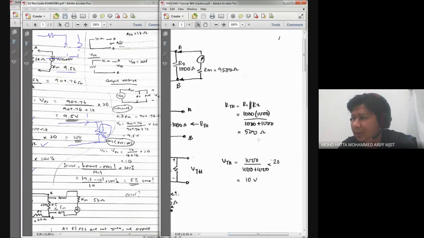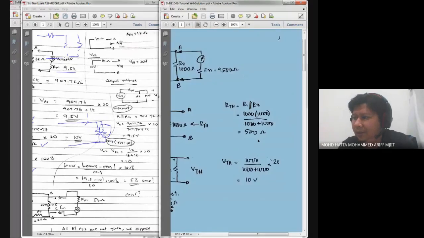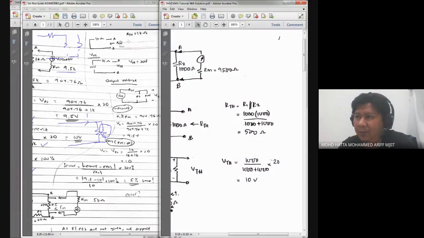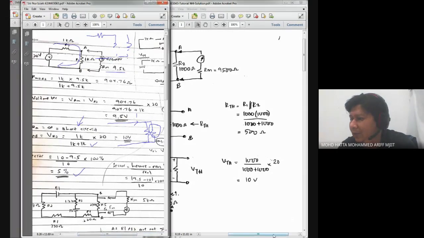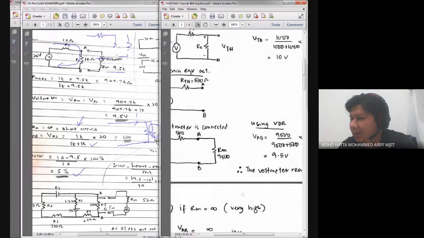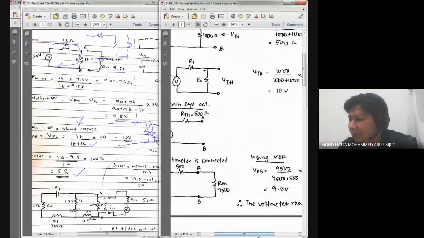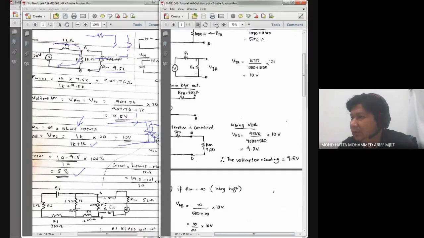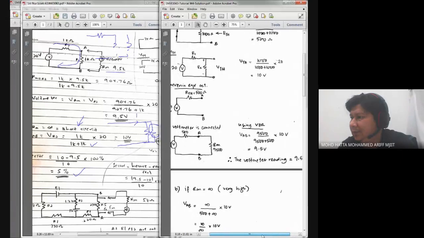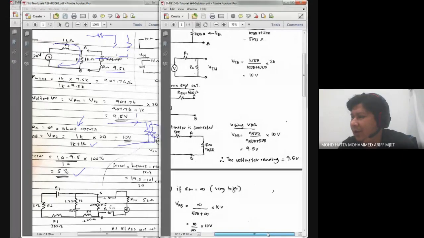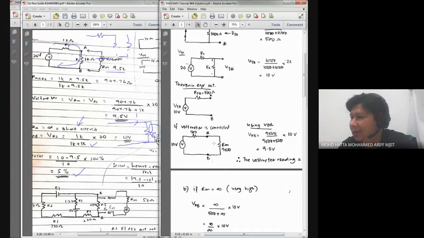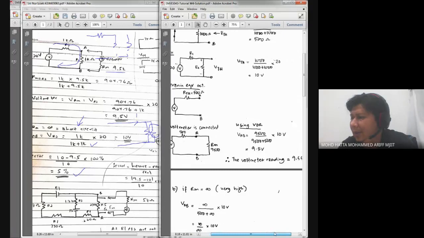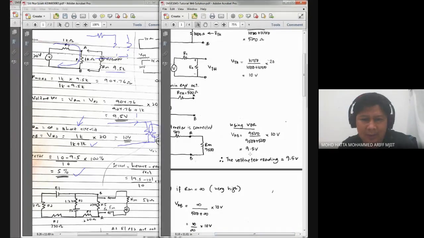Although the answer over here is a bit different from what Izati had answered, if you look at the next solution, or the next value of VAB, when I connected the RM over here, at the end we will get the same answer.